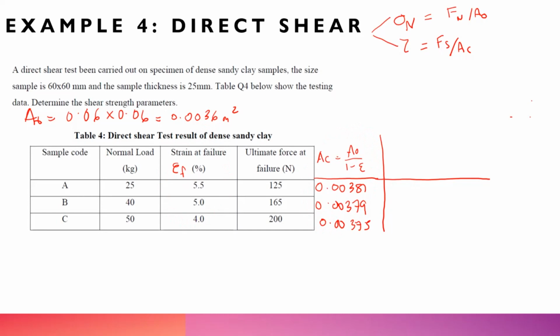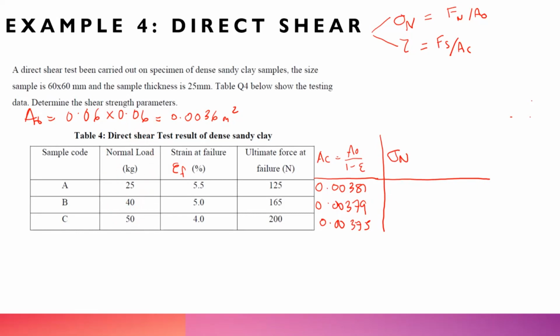So first calculate the normal force, but be careful that normal stress is in Newton per meter square. So you need to convert first the normal load here to kilonewtons.